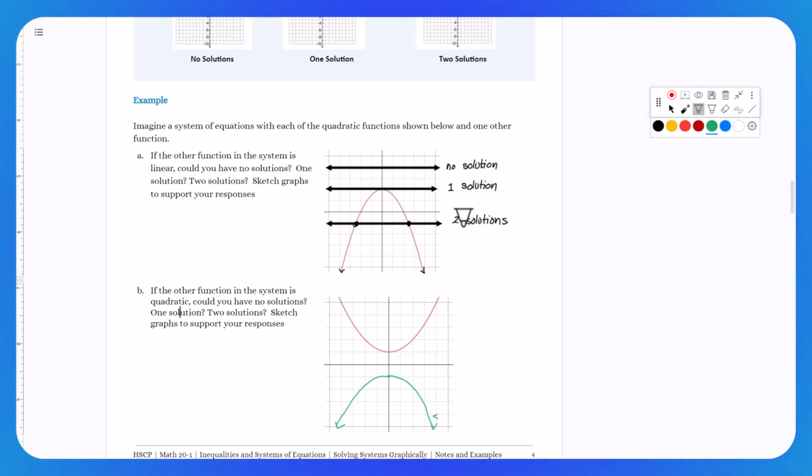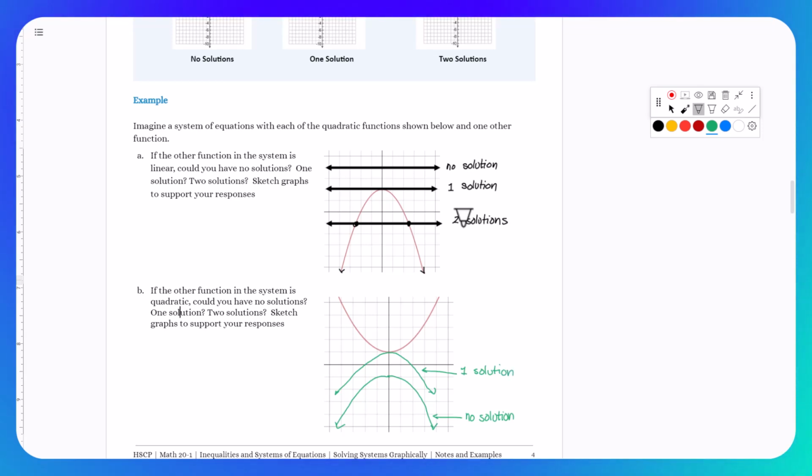Well, this one, with the red one, there are no solutions because there are no intersection points. How could we make it one solution? What if we had it come up and just touch at the vertex? Well, this one right here would be one solution.